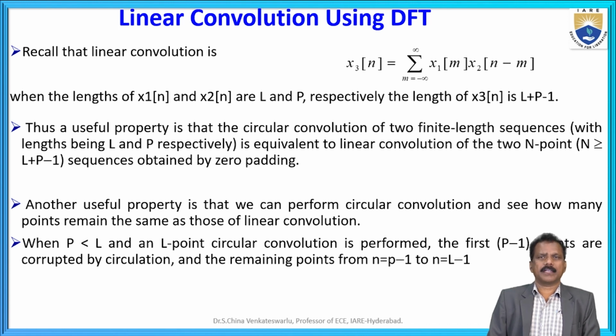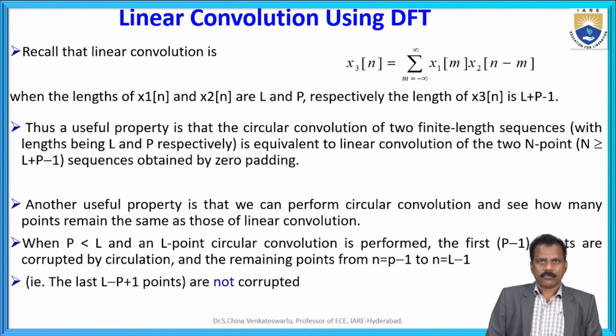Next, the last L minus P plus 1 points are not corrupted. Practically, in manual operation, we have to observe directly that the L minus P plus 1 points are not corrupted.